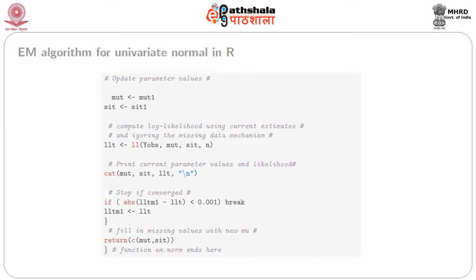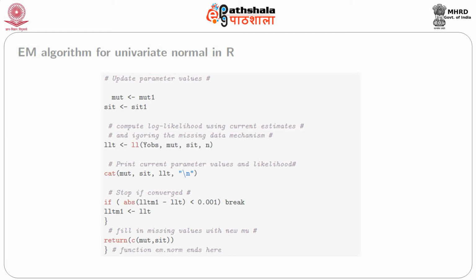We say that if the absolute value of the difference between the previous log likelihood and the present log likelihood, that is |LLTM1 minus LLT|, is less than 0.001, then we stop the computation by mentioning here a break.